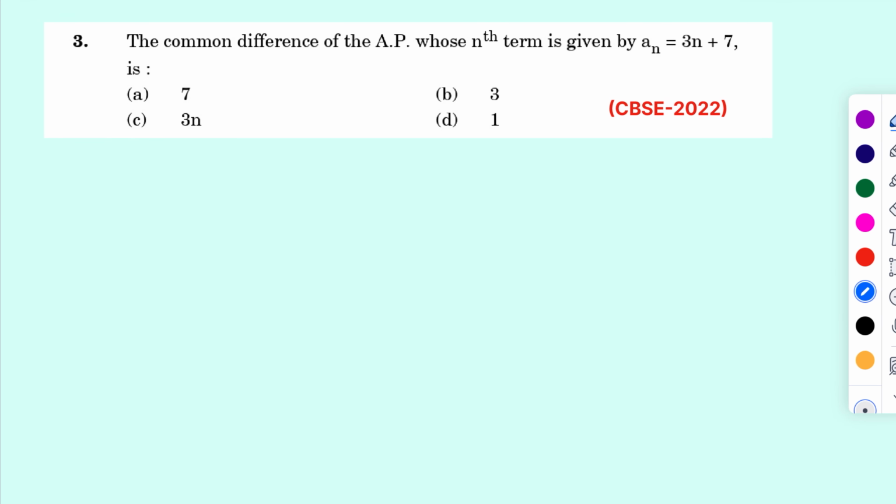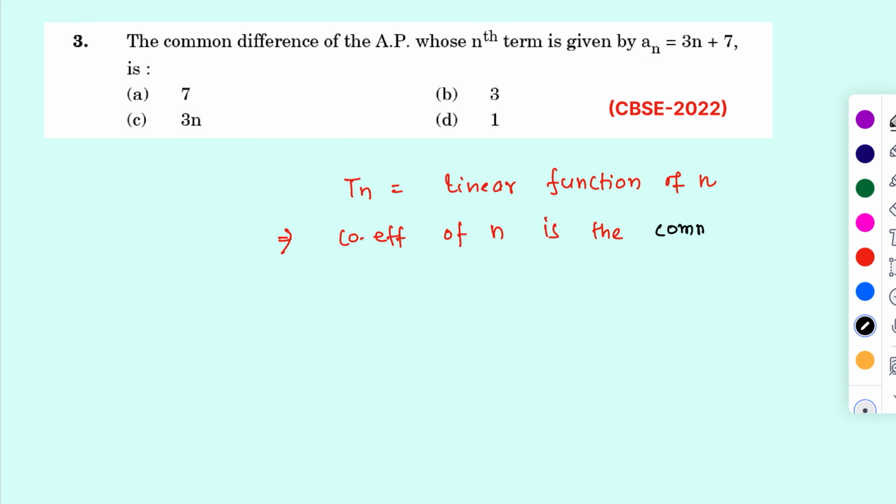The common difference of the AP whose nth term is given as an is equal to 3n plus 7. We said before that if Tn is a linear function of n, then the coefficient of n is the common difference.